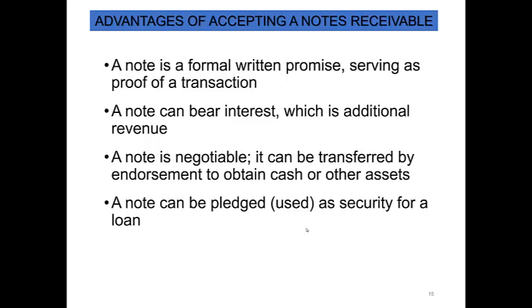A notes receivable is negotiable, so it is an asset that we can actually transfer for cash. Sometimes a bank may agree to purchase a notes receivable for us in exchange for a reduced amount. And then a note can be pledged as security. So there are some advantages to accepting a notes receivable from a customer.